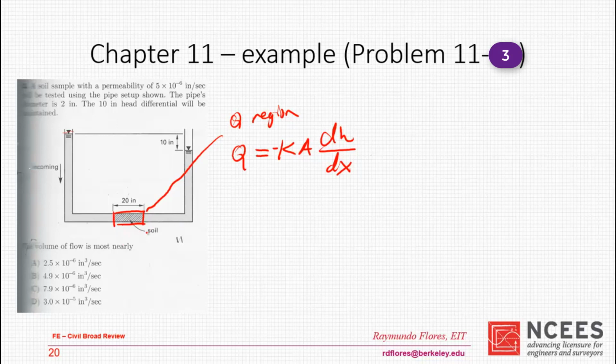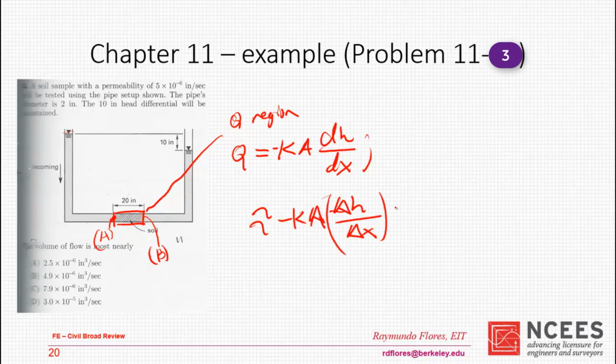Because that's the soil, we're going to call this A, and we're going to call this B. So we could say this is approximately minus K A times delta H over delta X of the soil piece. Delta H, the head, is the difference between here and here. Because they said the 10 inches is maintained, it's just 10 inches.